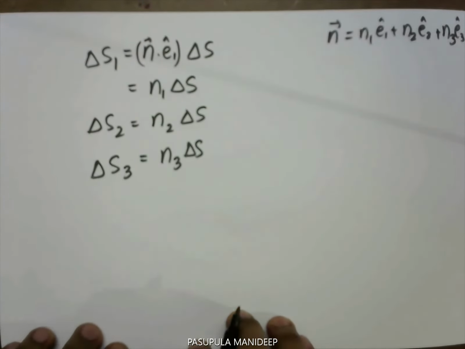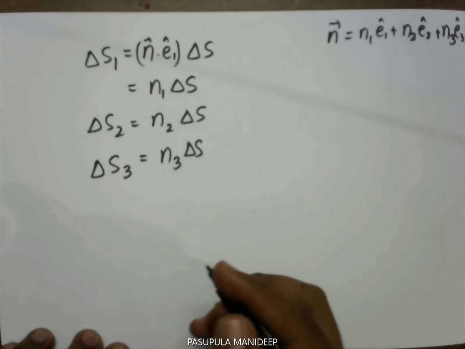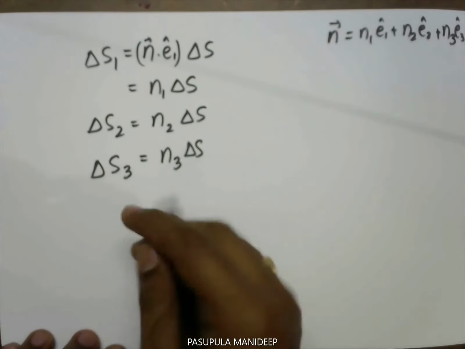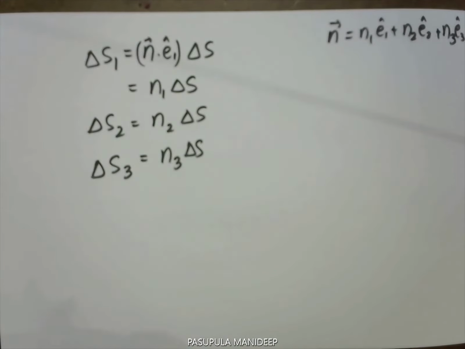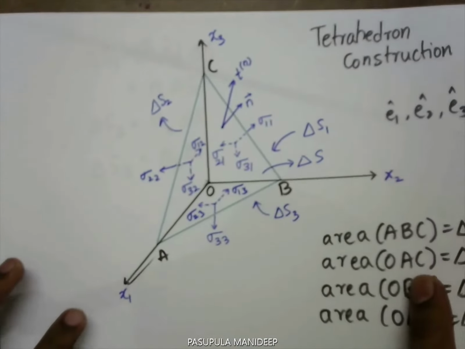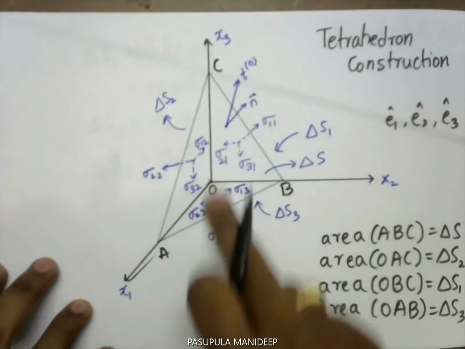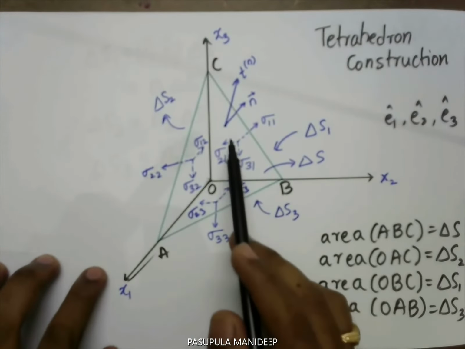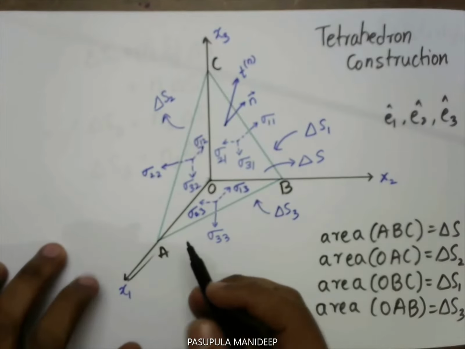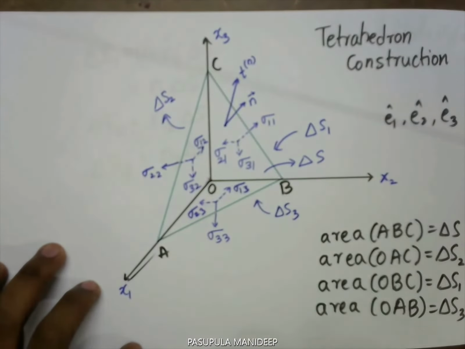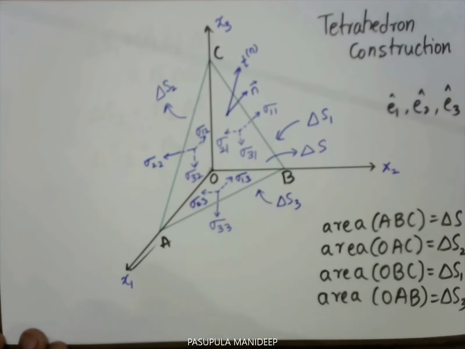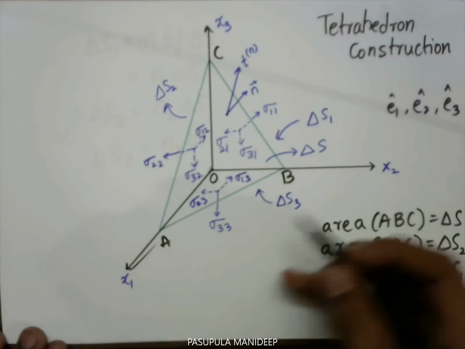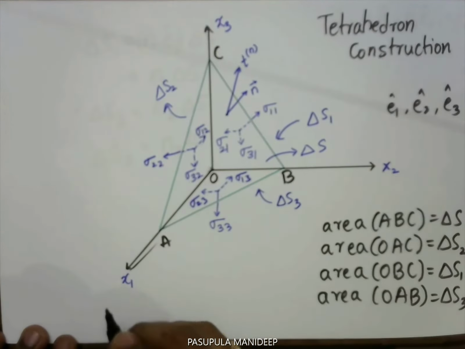After sorting this out, let us go back to the figure. Now let us resolve all the forces in one direction first, the x1 direction. Before resolving the vectors, let us first resolve the traction vector also.